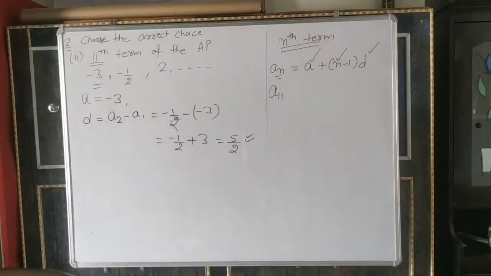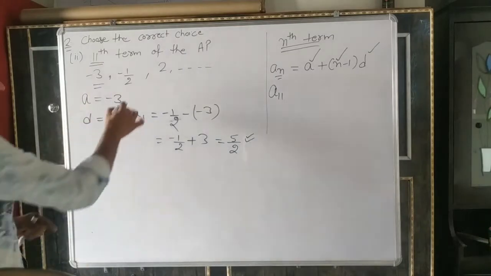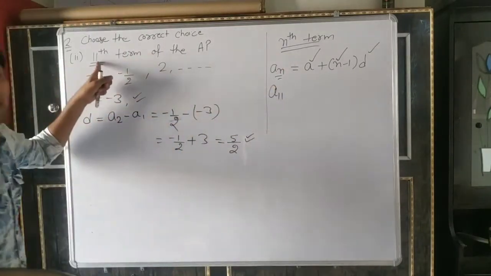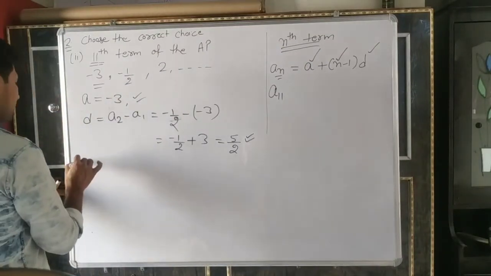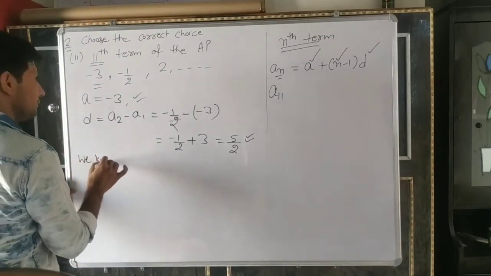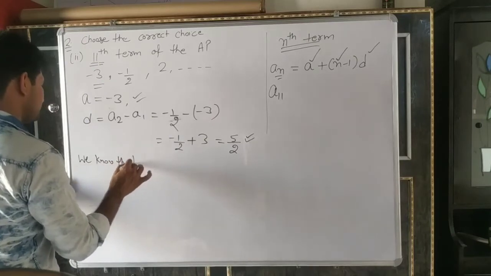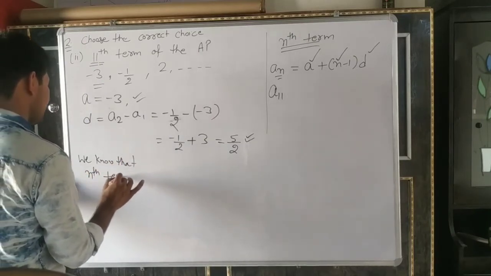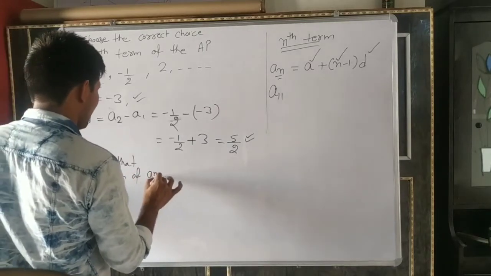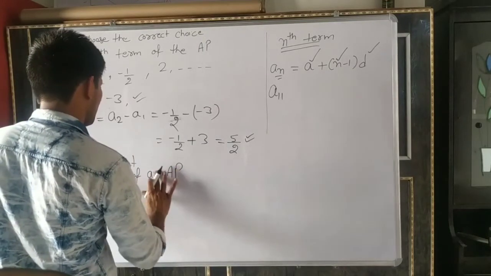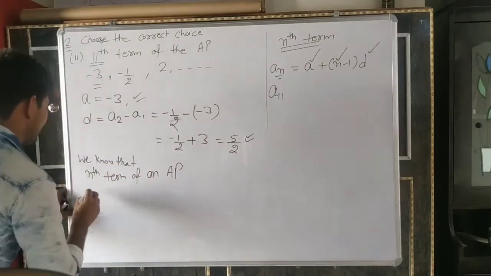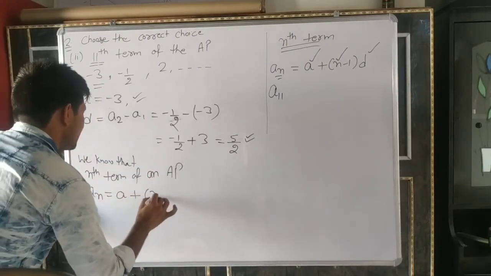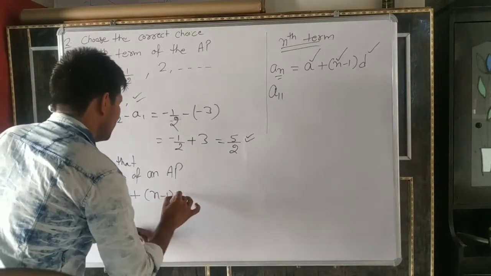Now we know a, we know d, and n also. What is n? N means 11. So we will write: we know that the nth term of an AP, an equal to a plus n minus 1 into d.